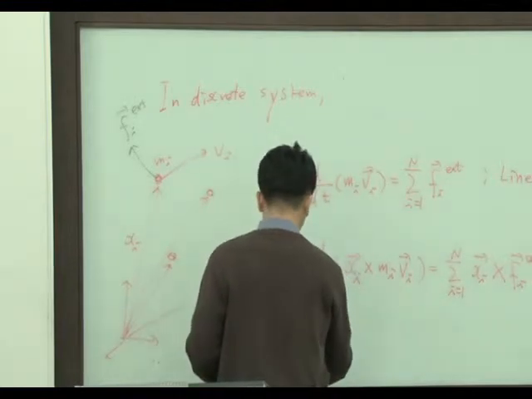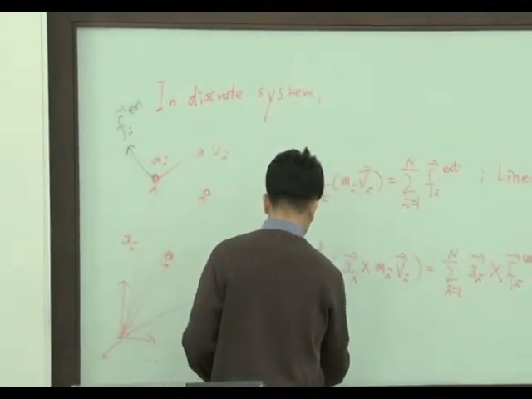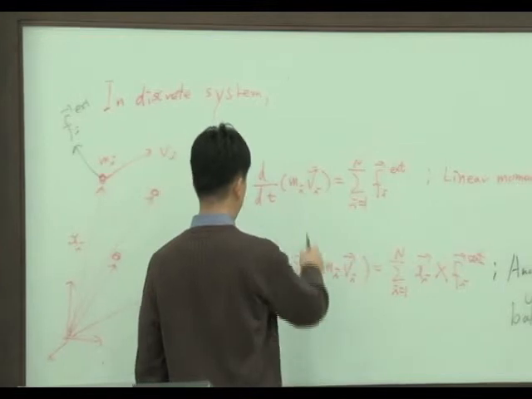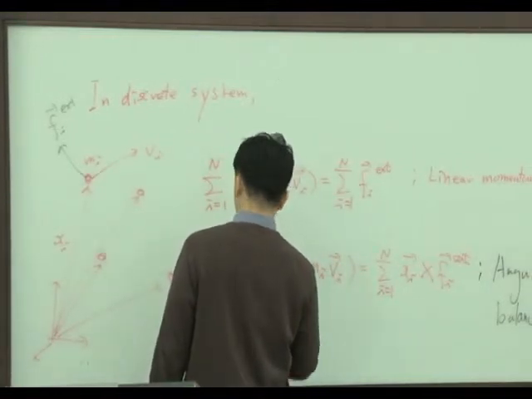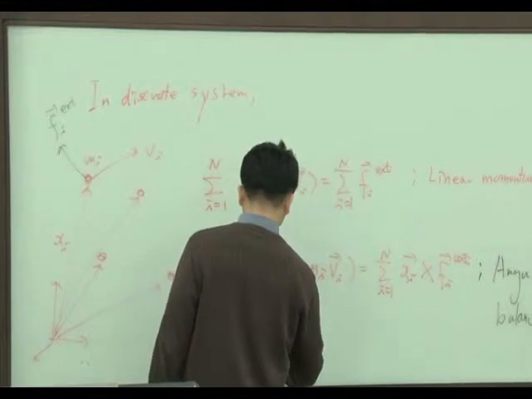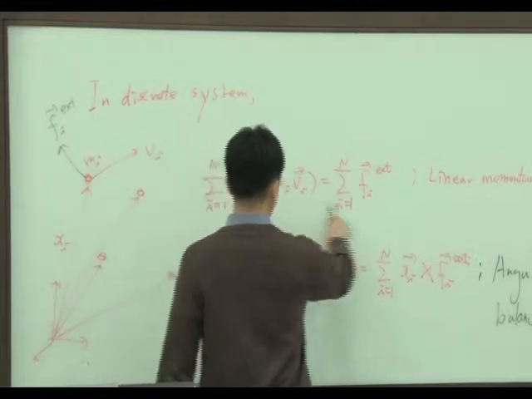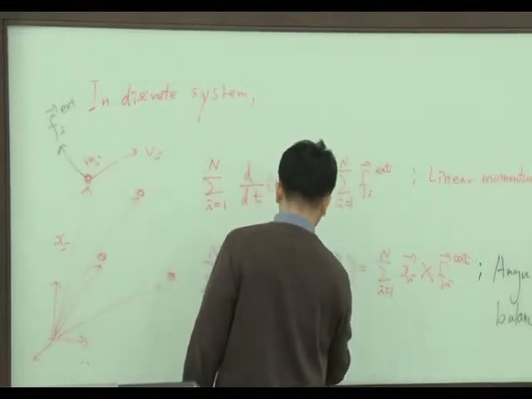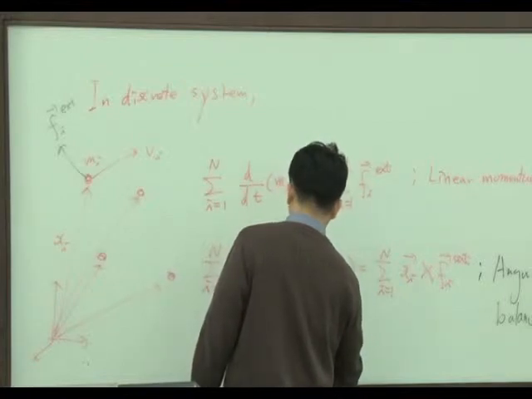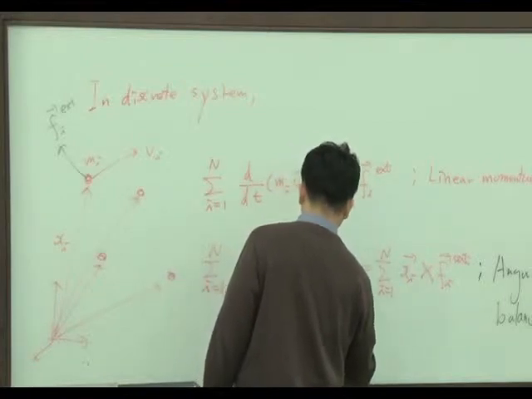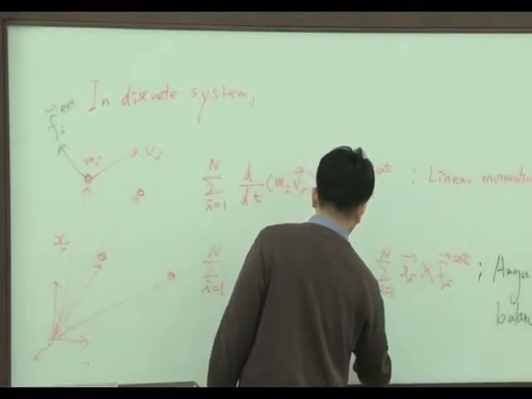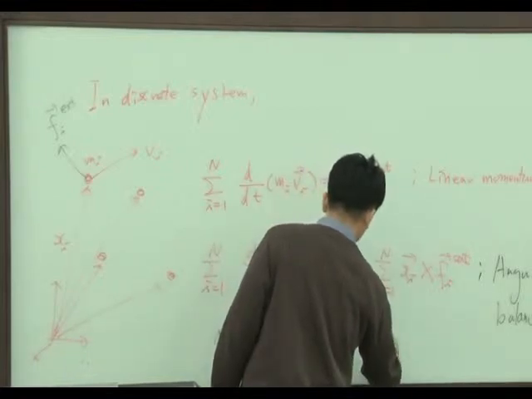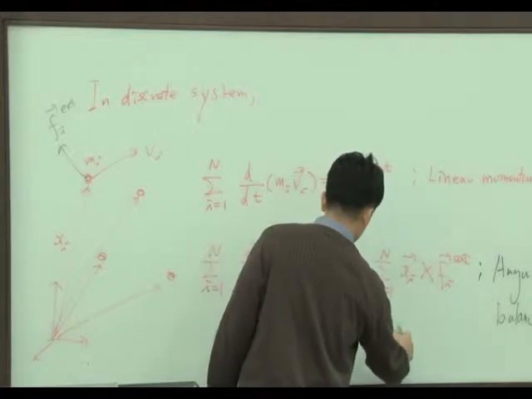Note, for example, if the number of particles is 1, then the first equation becomes d/dt of m1 v1 equals F1 external, right?